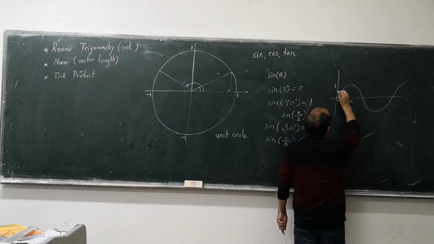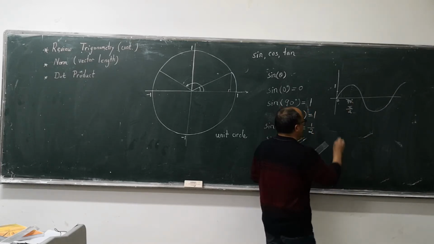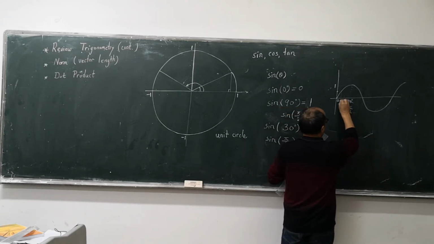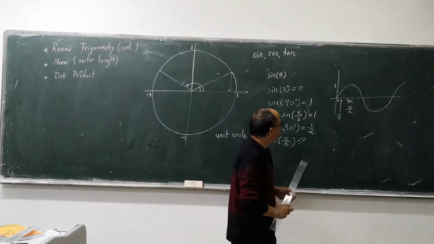And all these are hand drawing. So here is pi over 6, even if the hand drawing is rough.